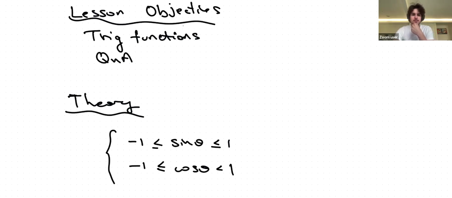Oh no, well, it's cos theta. Yep. What about the derivative of cos theta? Negative sine theta. Yep. And what about tan theta? Sec squared theta. Yep.